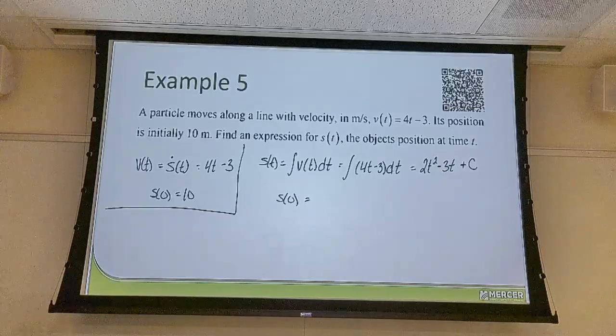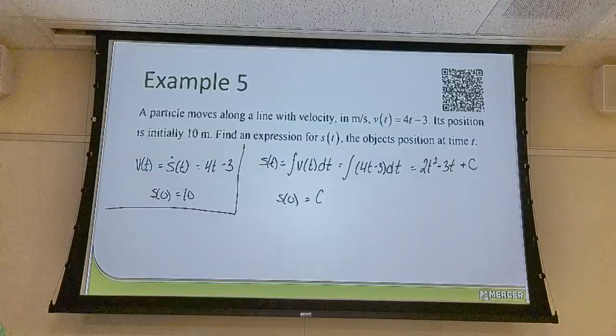From the function that we just found, what's S of 0? Just c. Right. What does that have to be? 10.